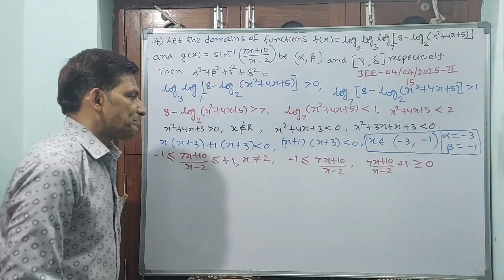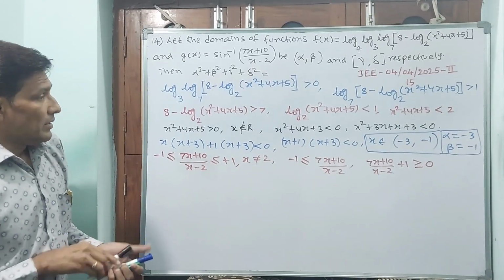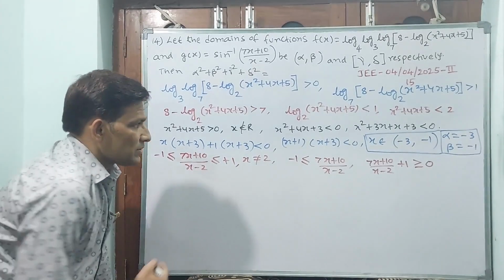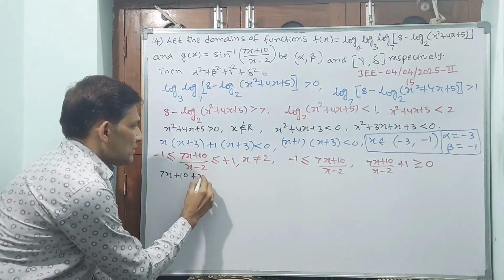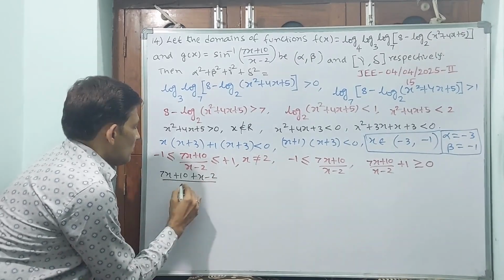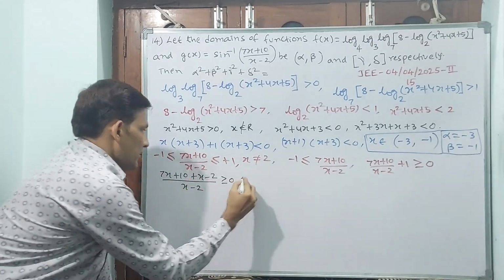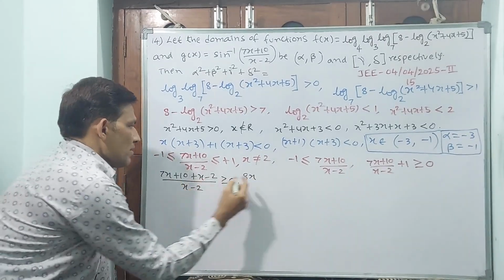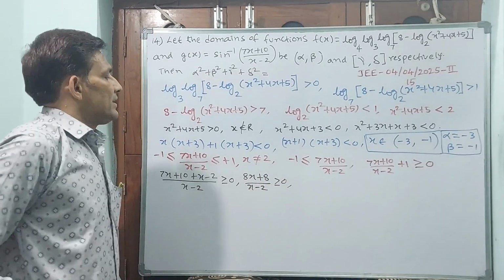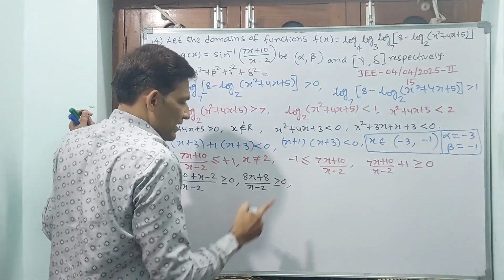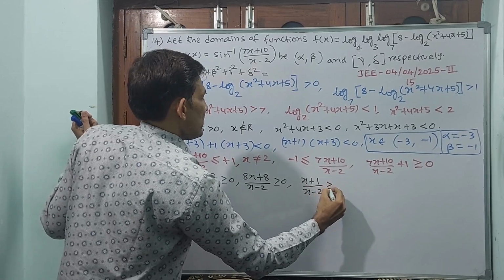Now 7x plus 10 plus x minus 2, by x minus 2, is greater than or equal to 0, or else 8x plus 8 divided by x minus 2 is greater than or equal to 0. Take 8 common and cancel: x plus 1 by x minus 2 should be greater than or equal to 0.